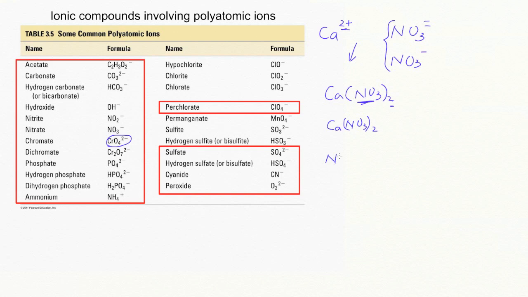Now, how about ammonium and how about carbonate? Okay, 1 positive charge and 2 negative charges. Now, you increase the number of the ammonium to 2. NH4 plus. You have 2 now, 2 positive charges and 2 negative charges.